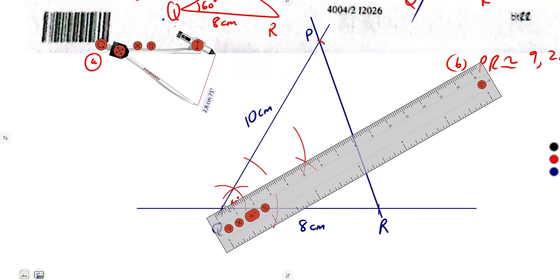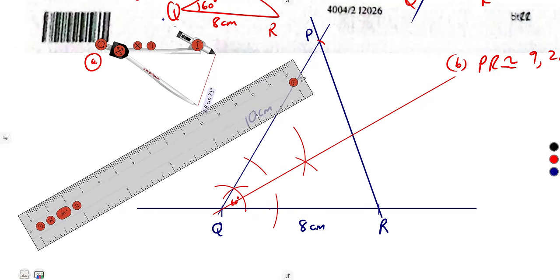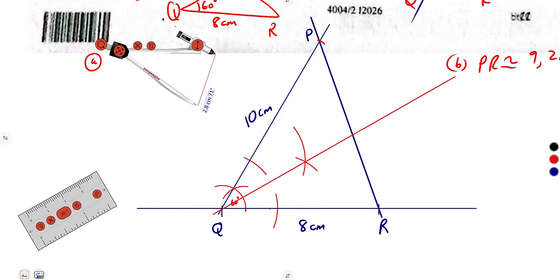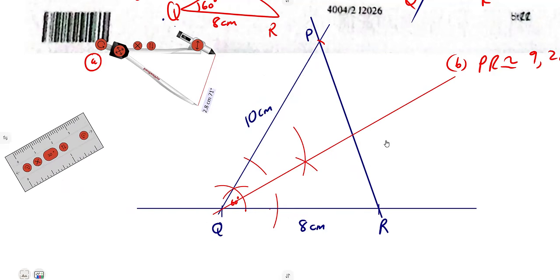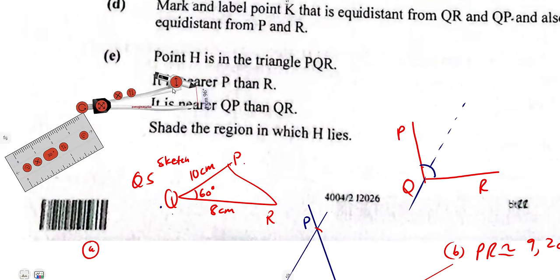The line that we are going to have is bisecting the angle. It has bisected angle Q. That's an angle bisector. So that was the case of our question here.